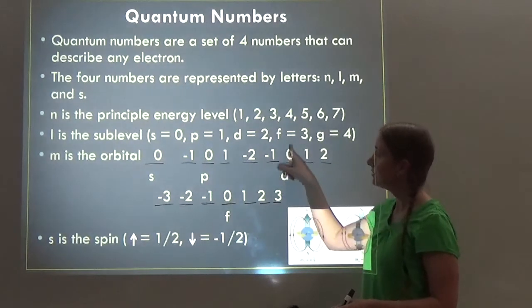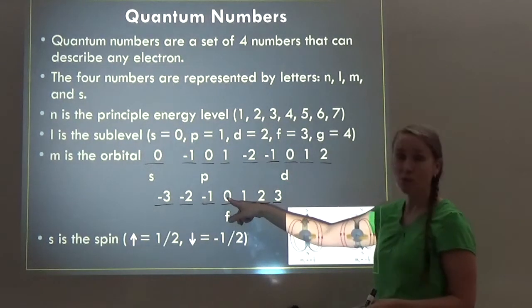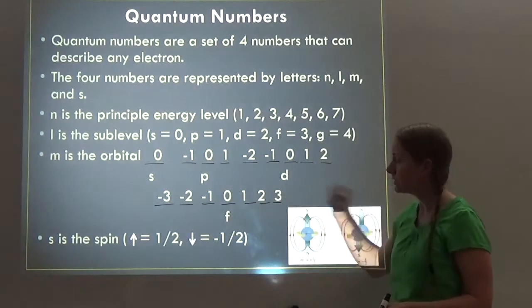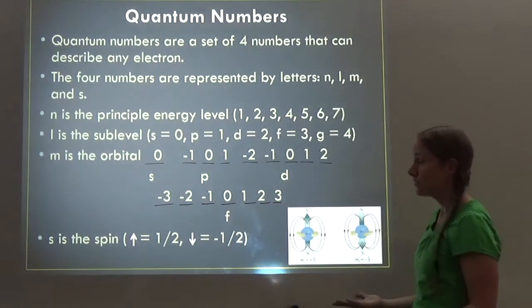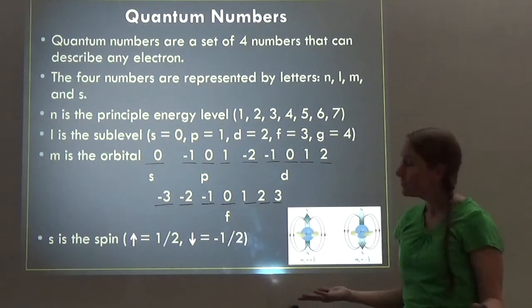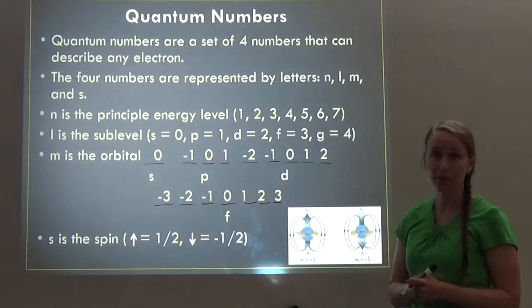D, the middle one 0, negative 1, negative 2, positive 1, positive 2. F, the middle one 0, negative 1, negative 2, negative 3, positive 1, positive 2, positive 3. And then the spin is the S quantum number, and it tells us is the arrow up or down. If the arrow is up, it's positive 1/2. If the arrow is down, it's negative 1/2.